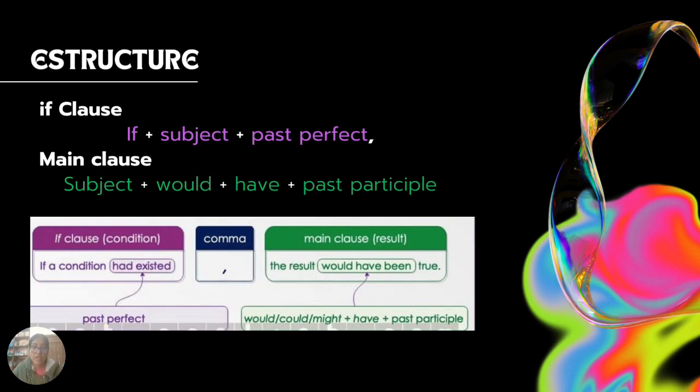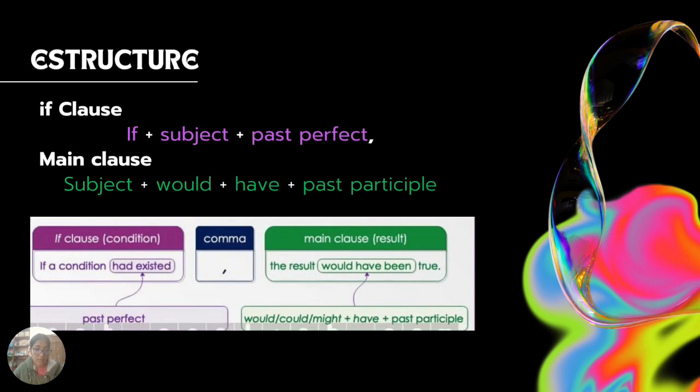Structure. Like the other conditionals, the structure of this one consists of two clauses, an if clause and the main clause, that is the result of the situation in the past. If clause: its structure is if plus subject plus past perfect.